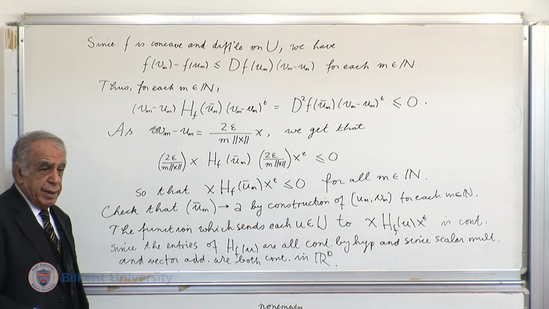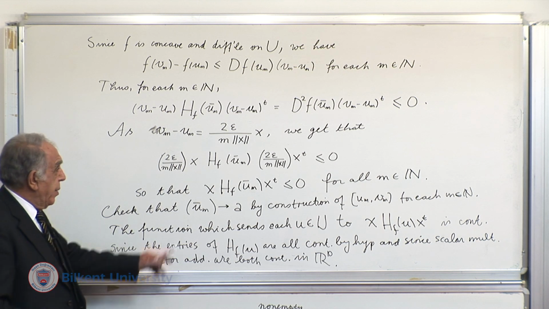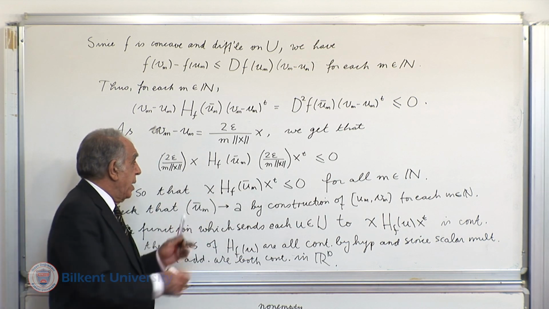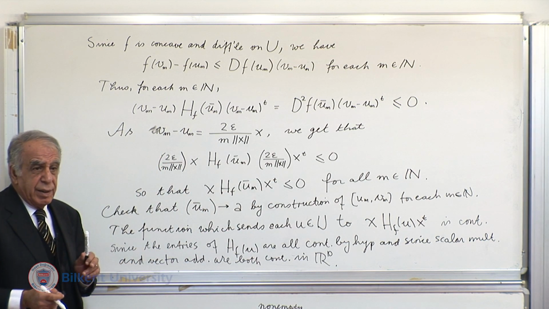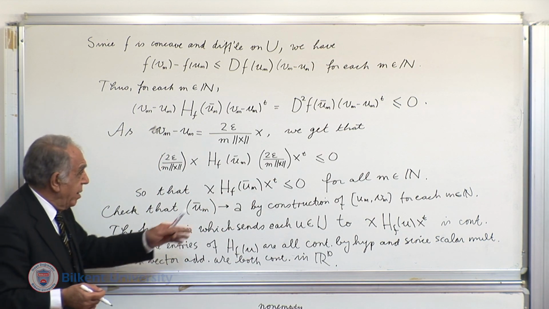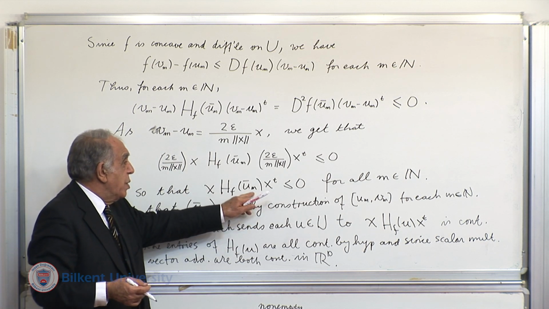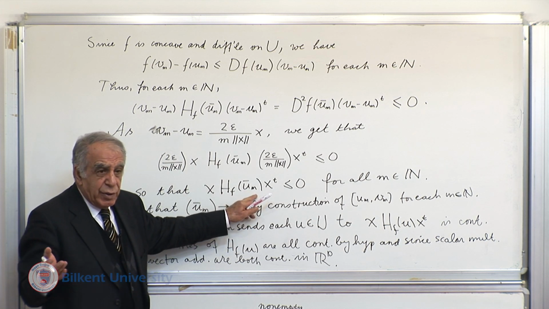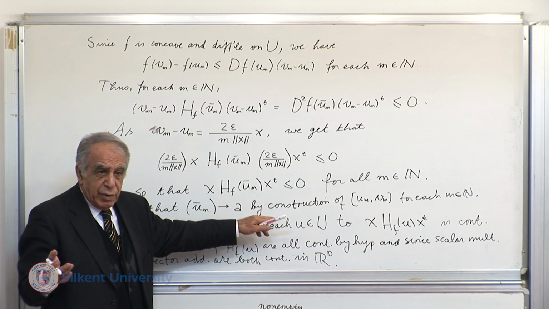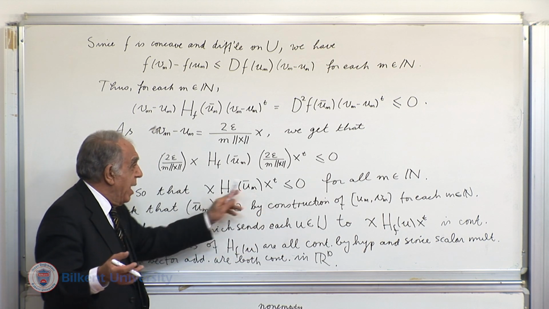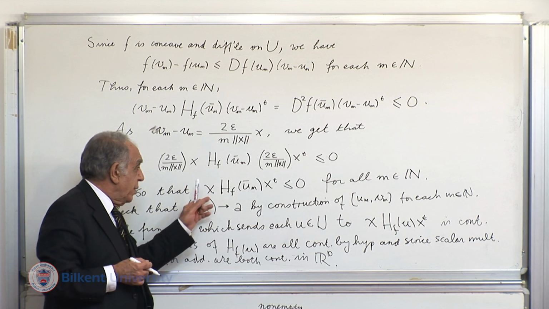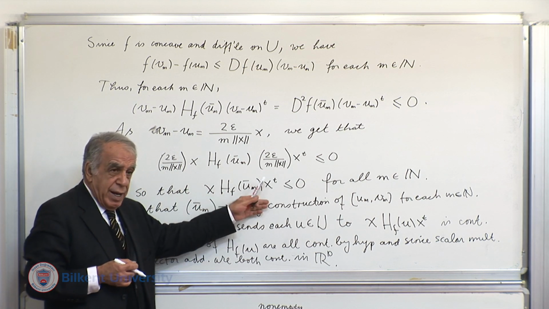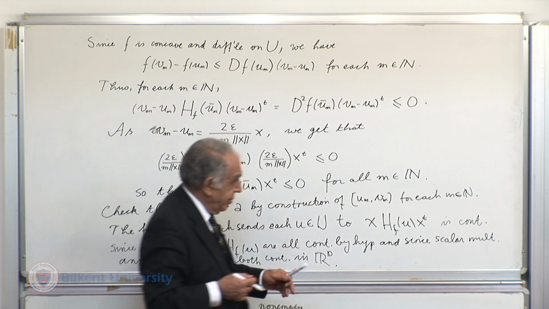Now, what's the use of this? We have this for each m. So, does this converge to something? Well, it's a function of u, but u bar m is a convergent sequence. It converges to A. So the value of this function converges to x h sub f of A x transpose.